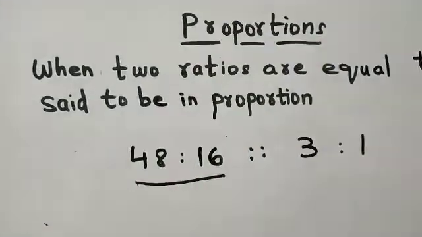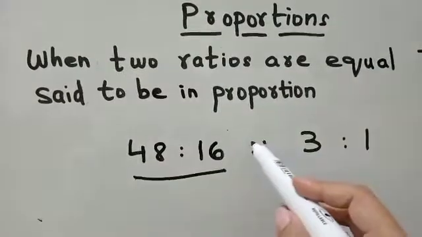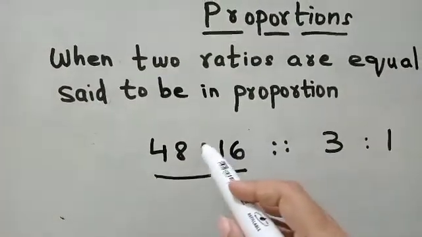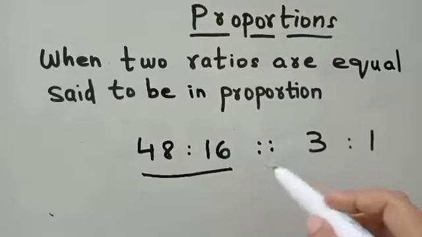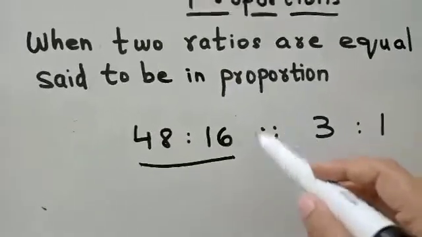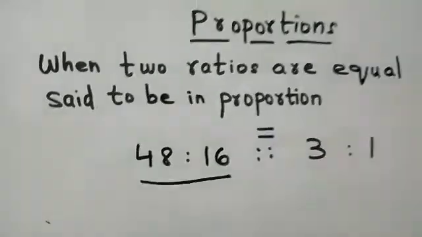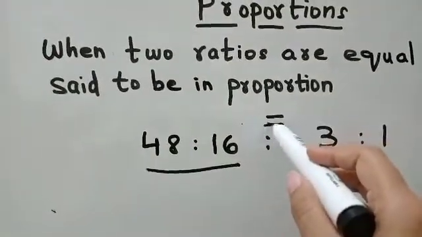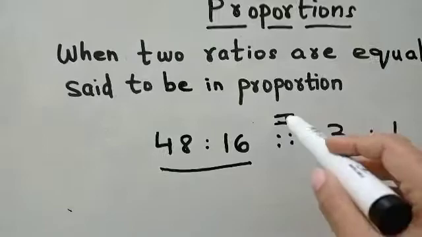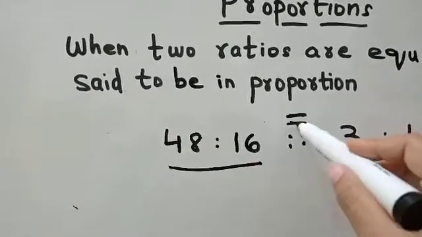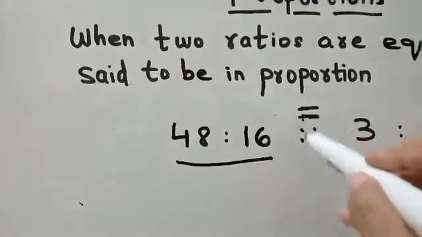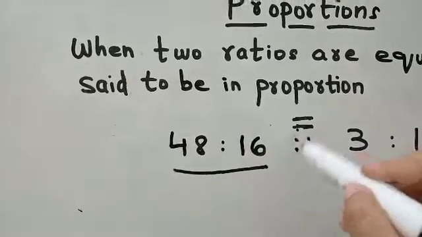Whenever we have to represent proportion, we write 4 dots. When we have to represent ratio, we write 2 dots, and when we have to represent proportion, we write 4 dots. It is also known as equal to, but we do not write equal to. Yes, in a formula we write equal to, but here to show proportion we write 4 dots.